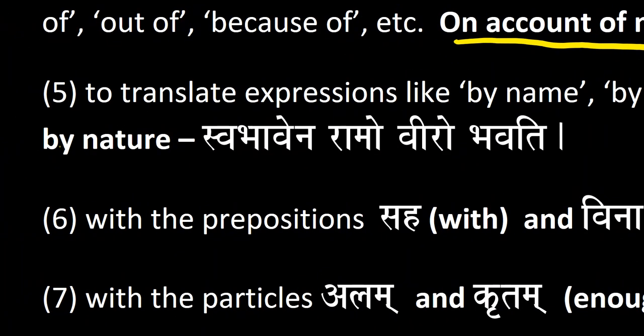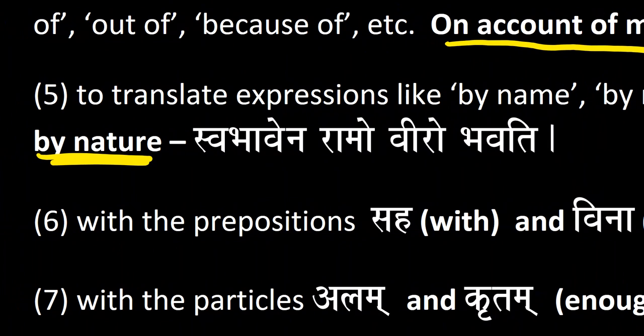And if you want to say by nature, by name, by family, Swabhava is nature. It got declined to instrumental singular because we're saying that by nature Ram is a hero. So it's swabhavena Ramo Viro Bhavati.